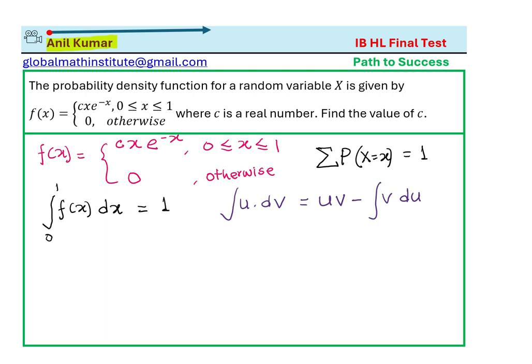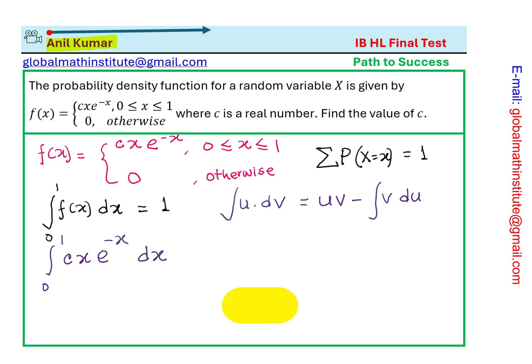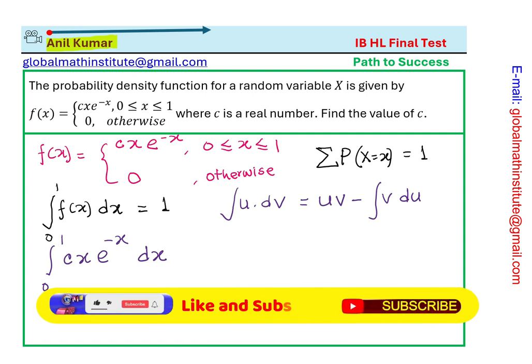So here, let me rewrite the function now. We have the integral from 0 to 1 of c x times e to the power of minus x dx. Clearly, c is a constant, it can be taken outside. Now the substitution.